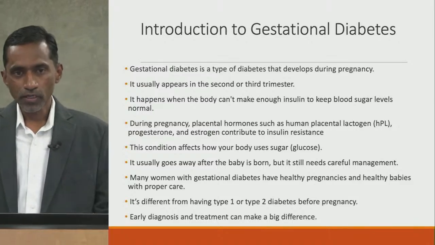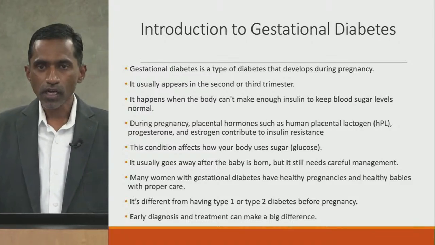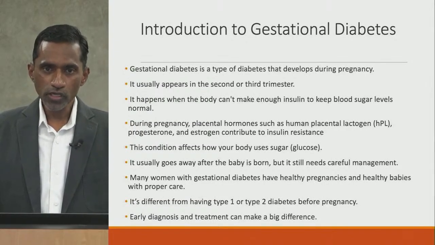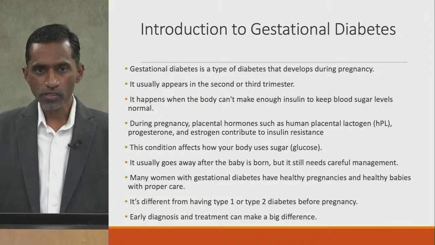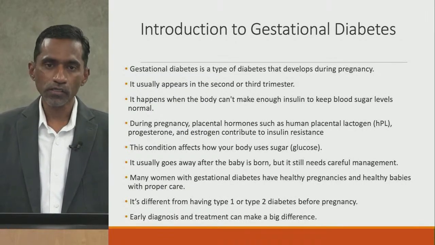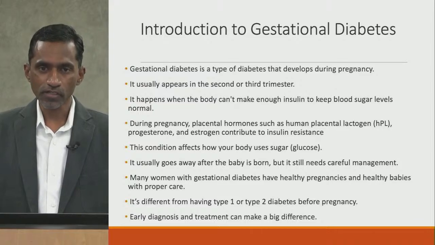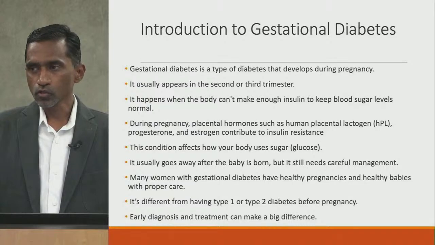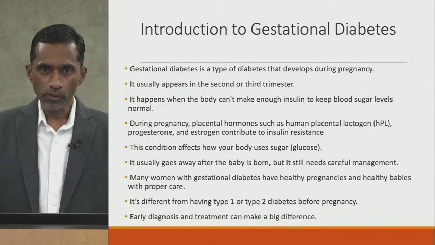So coming to the introduction, gestational diabetes is a type of diabetes that develops during pregnancy. It usually appears in the second trimester, but mothers can also get it in the first trimester if they have risk factors. It happens when the body cannot make enough insulin to keep the blood sugars normal.